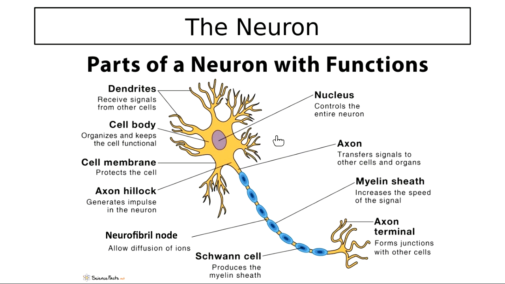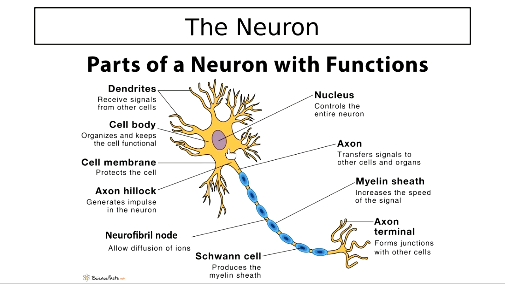So impulses are coming in toward the cell body from a receptor or from some other neuron. The third part is called the axon, A-X-O-N. A single long branch of the cell body which conducts an impulse away from the cell body to another neuron, a muscle, or a gland. So neurons have one axon.